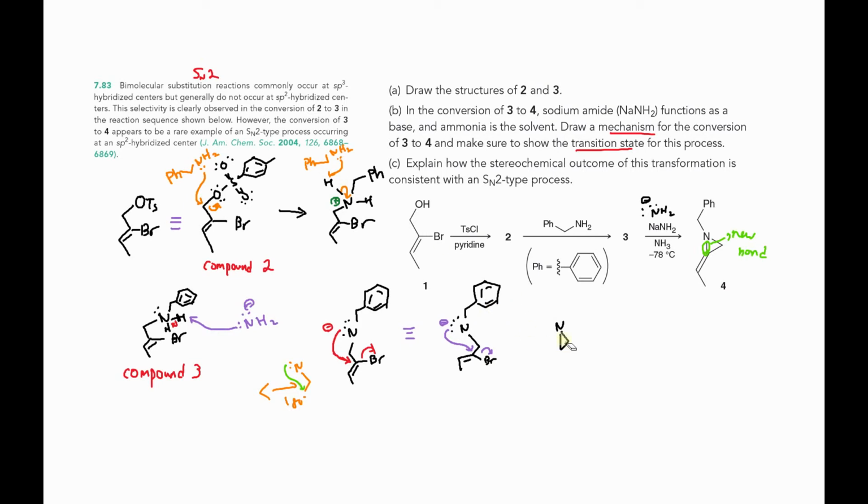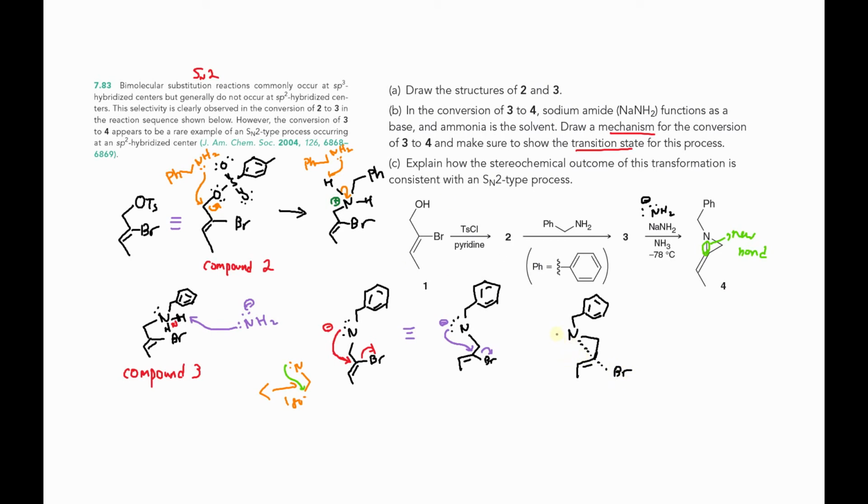Oh, transition state, what am I doing? Now remember that we have a minus charge on the nitrogen that's spread over the nitrogen, the carbon, and the bromine, the leaving group.